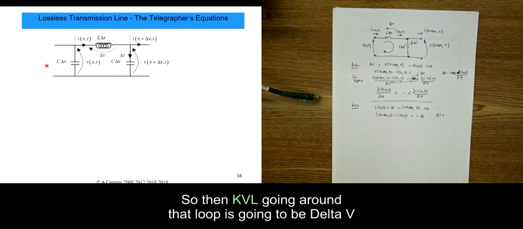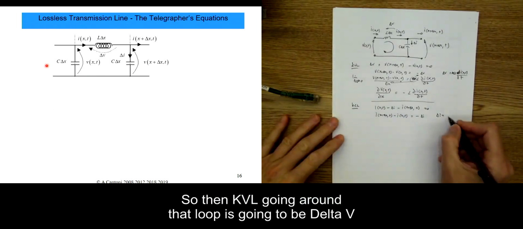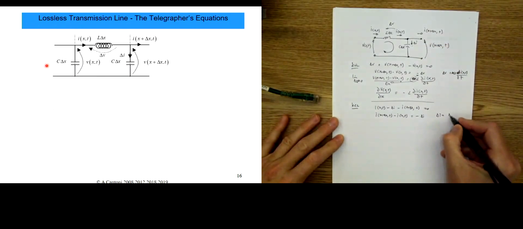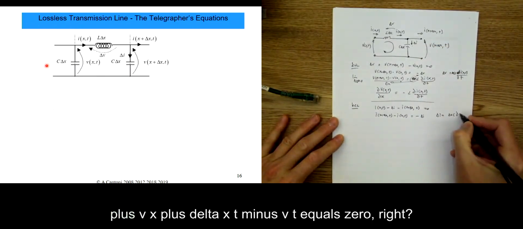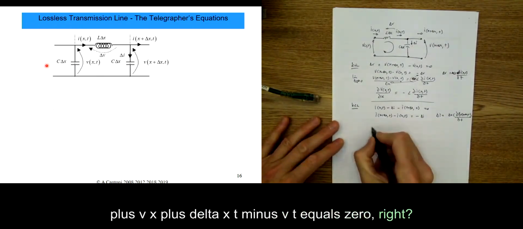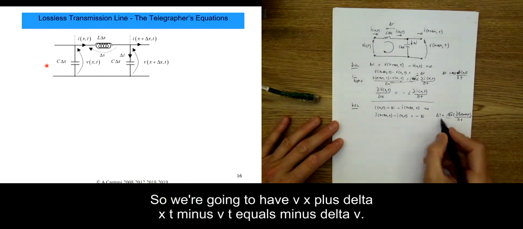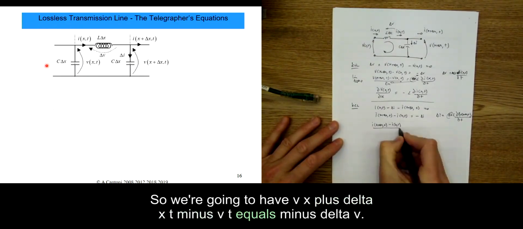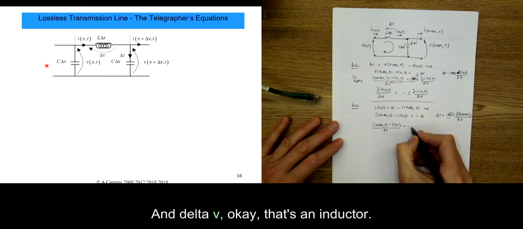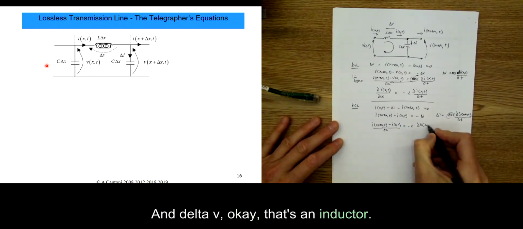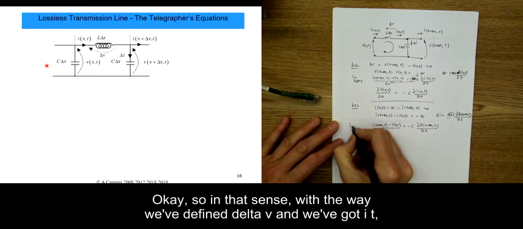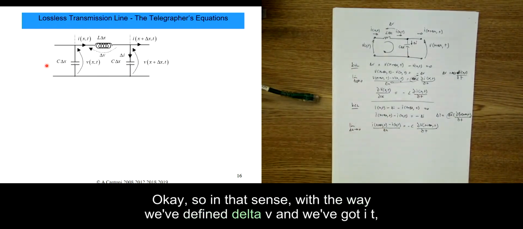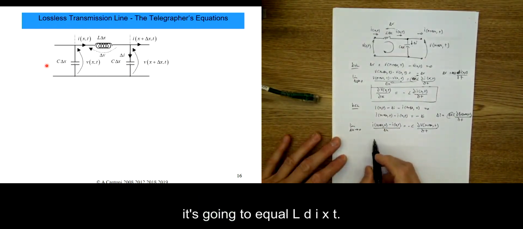If we do KVL and call this delta V, because that's the voltage across the inductor, then KVL going around that loop is going to be delta V plus V(x+delta x,t) minus V(x,t) equals 0. So we're going to have V(x+delta x,t) minus V(x,t) equals minus delta V. And delta V, it's an inductor, with the way we've defined delta V, is going to equal L partial I(x,t) over partial t.